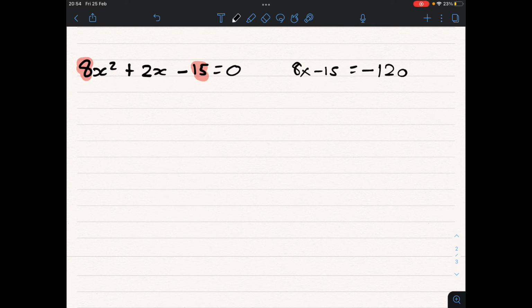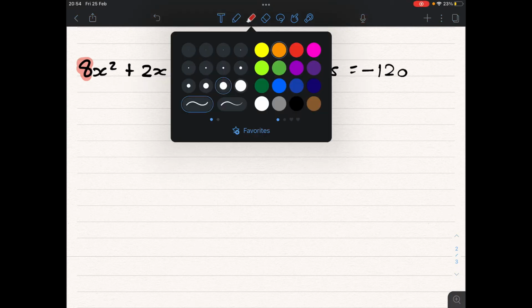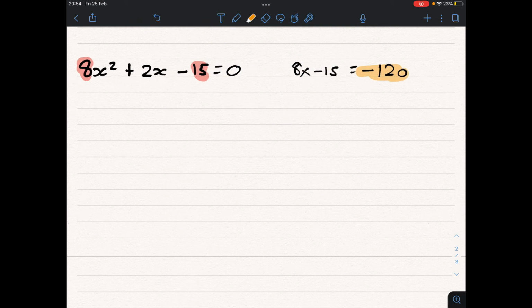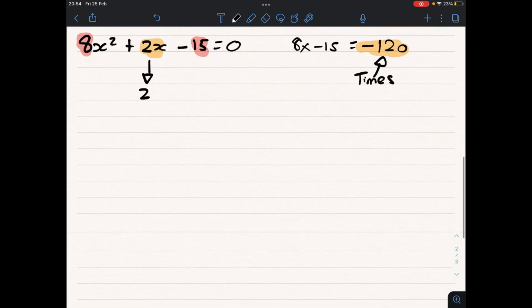Now what we have to do is find factors which times to minus 120, which add to positive 2. Now, let's break down the factors of minus 120.